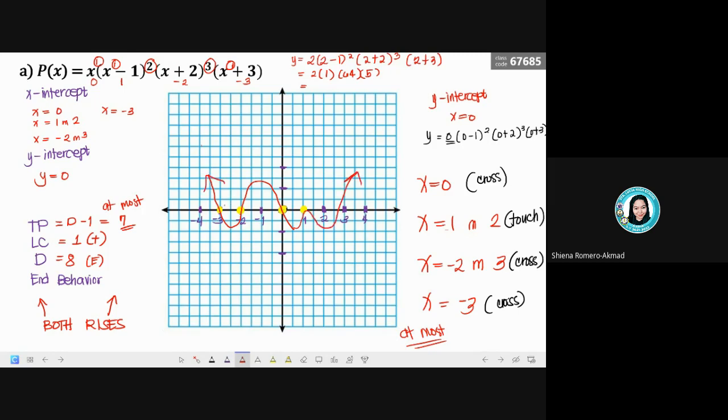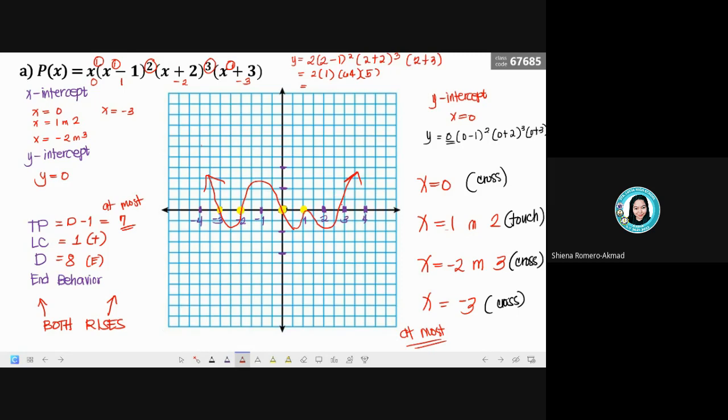Basta ang mangyayari is ganyan na meron tayong both rises. So aangat pa siya dito. I don't know which part of this. Okay? Kung aling part dyan yung aangatan niya. Nasasakto siya as the given. Okay? So as long as we are able to show that both rises.